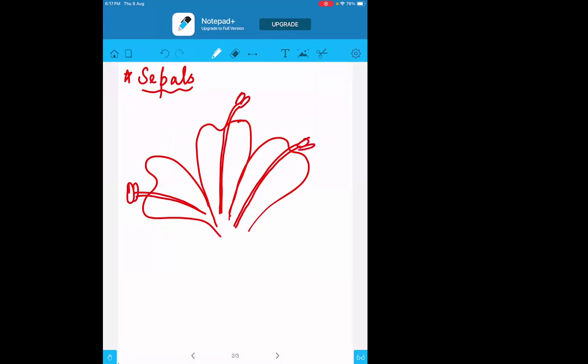So somewhere the structure will be like this only, right? I hope, children, this is looking like a flower only, right?